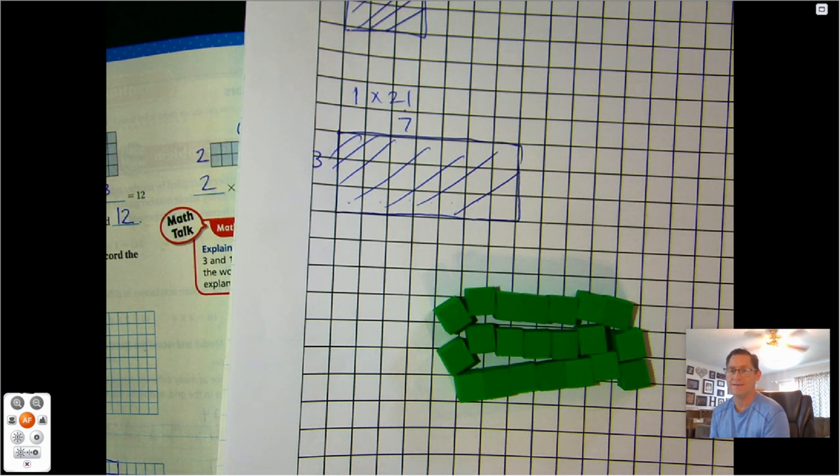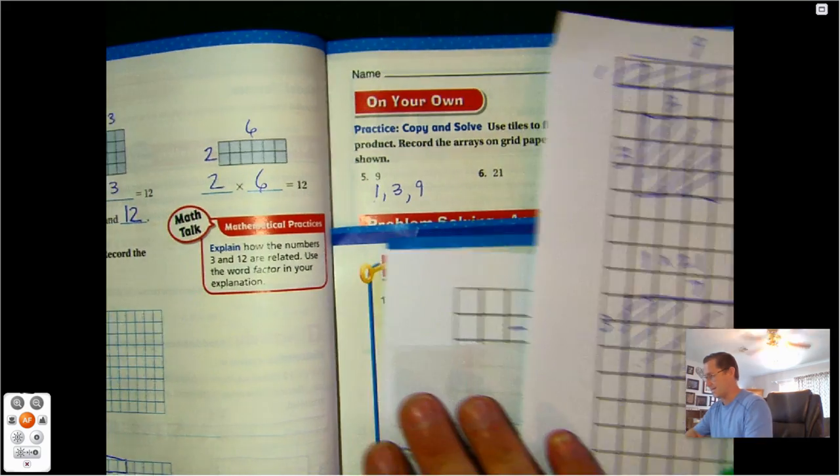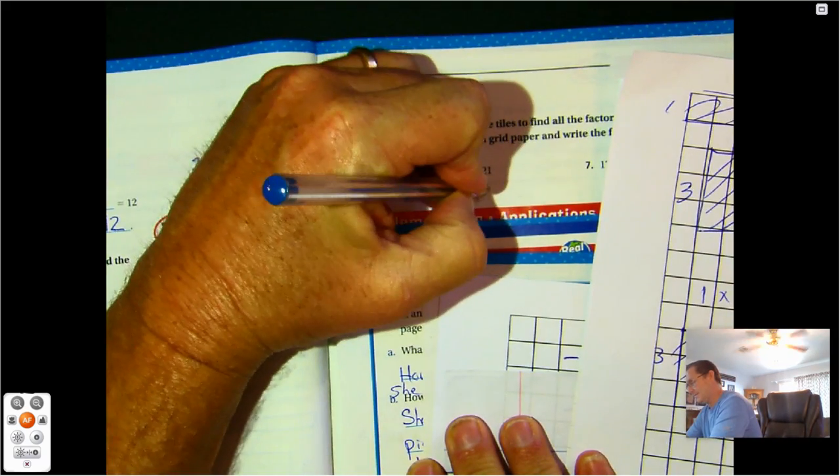So 21's not a multiple of 10. 11 and 11, that's 22. Oh, no. 13. No. 14. No. Okay, so that's it. 1, 3, 7, 21. All right, number 7.